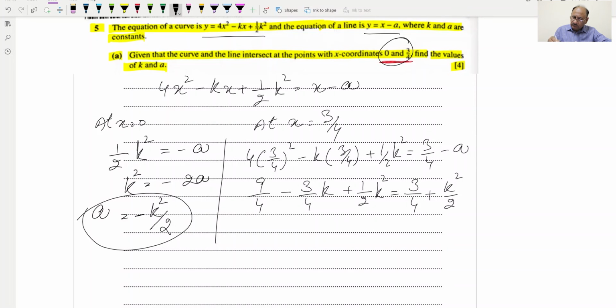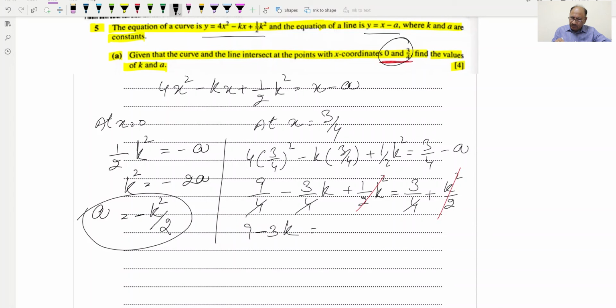Now these two, k squared by 2 and this k squared by 2, will be cancelled, and the remaining part, we can cancel 4 as well. So 4 will be cancelled. We will get minus 9 minus 3k.